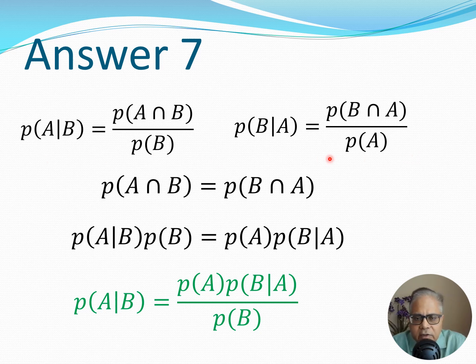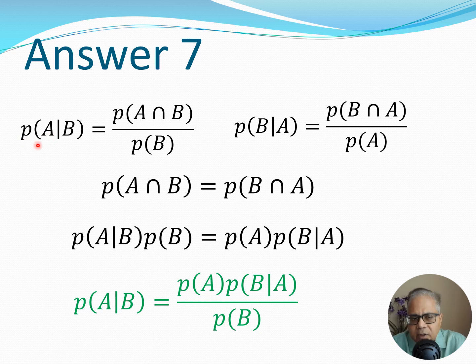Now looking at these two, we can clearly realize that P(A intersection B) should be equal to P(B intersection A), because this is the probability of the event if A and B both take place. So again, that is the intersection, and if you think of a Venn diagram, these are going to be the same. Now using this fact, I can write two different sides of an equation here.